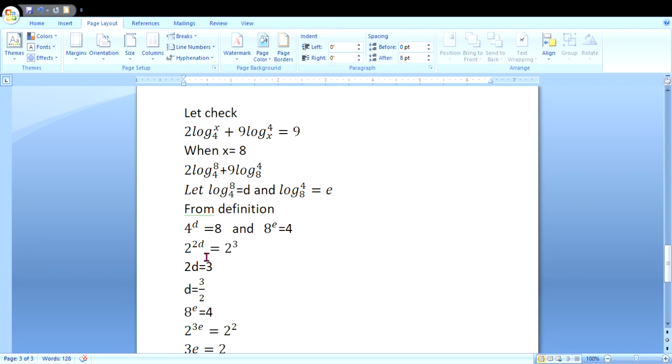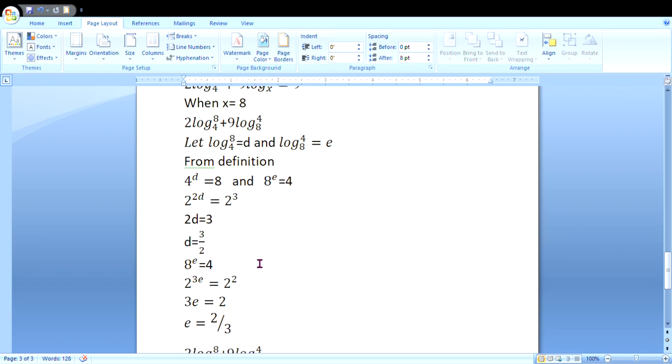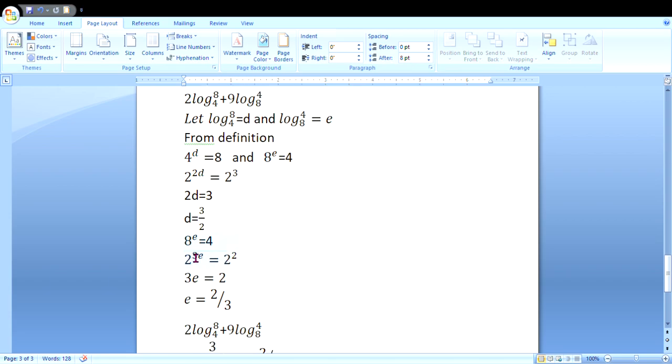Now, applying indices, 2 raised to the power 2d is equal to 2 raised to the power 3, and then you equate powers, so that 2d is equal to 3, and d is equal to 3 over 2. Similarly, 8 raised to the power e is equal to 4. Then 2 raised to the power 3e is equal to 2 raised to the power 2, so that e is equal to 2 over 3.